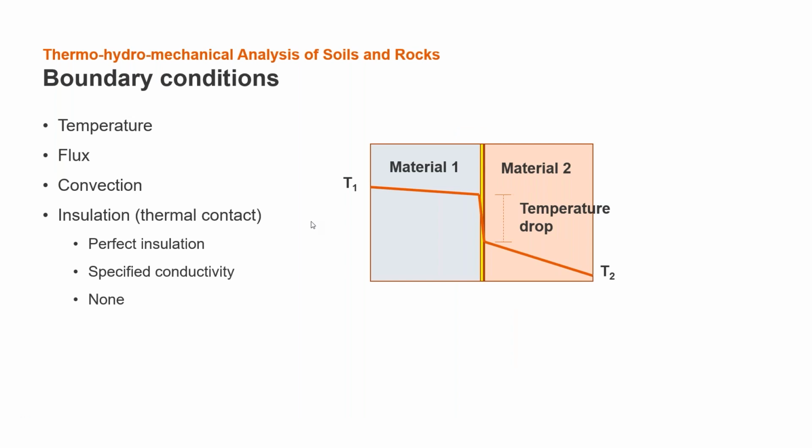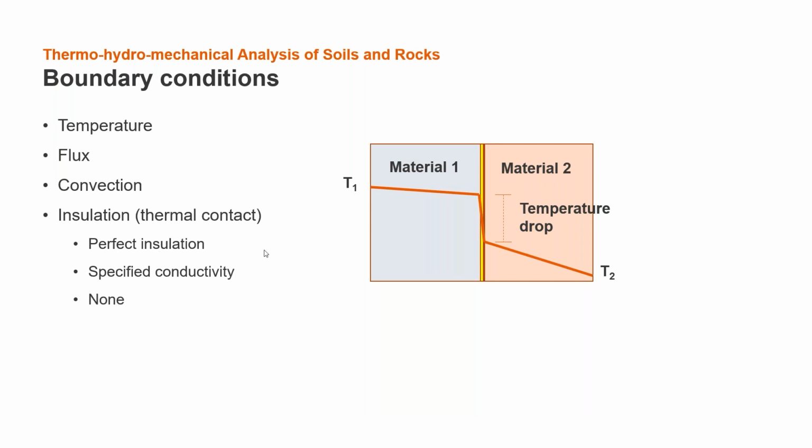We also provide the insulation or thermal contact. As you can see here in the figure, there's thermal contact between the two materials here. And you can either specify it as a perfect insulation, or you can specify a conductivity for the thermal contact, or you can select none, which means that the temperature drop, as you see here, will be equal to 0 when you select none here.